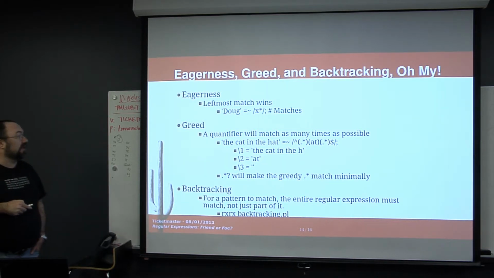Okay, so greed was what I was talking about before. It means a quantifier will match as many times as possible. So you've got the string, the cat in the hat. We've got an anchor, you remember, start of the string. We've got an anchor over here, end of the string. And then we've got dot star, which means zero or more of anything that's not a newline.